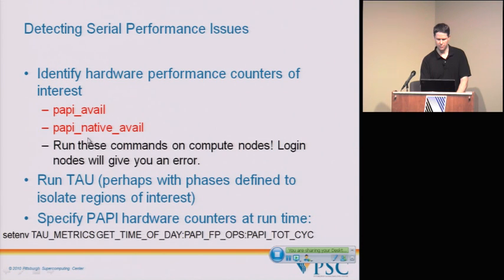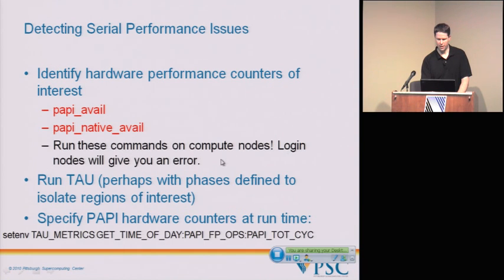I mentioned these two commands, papi_avail to look at the standard PAPI counters, and papi_native_avail to look at the actual hardware-specific counters for a particular architecture. So you want to run these commands on the compute node that you're actually going to be running the code on.